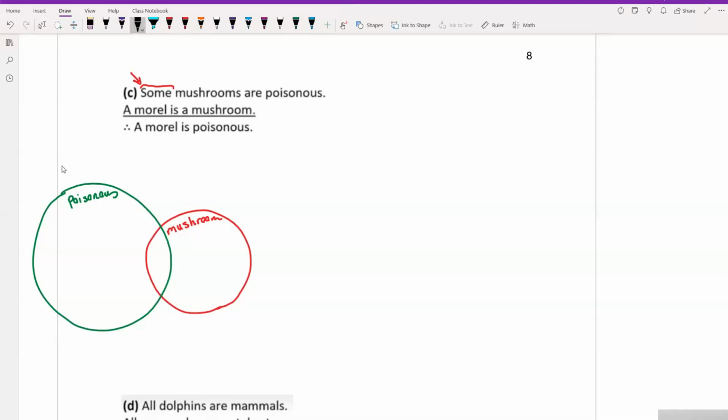So this part is the intersection between these two.